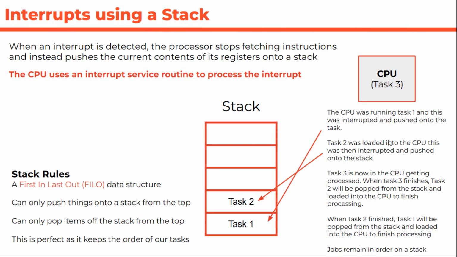So jobs remain in order on a stack. And I've seen exam questions in the past talking about this process and how a stack might work in terms of practical examples. So what about a browser? When you go back on a browser or forward on a browser, or you press undo or redo, all of that is on a stack because a stack is a perfect data structure to keep the order of things.